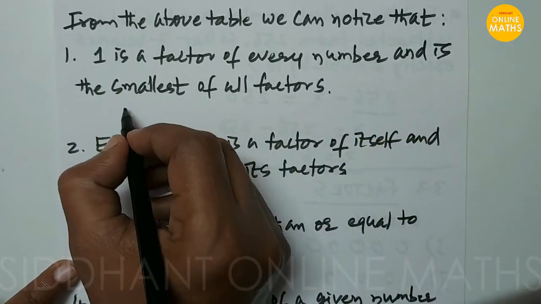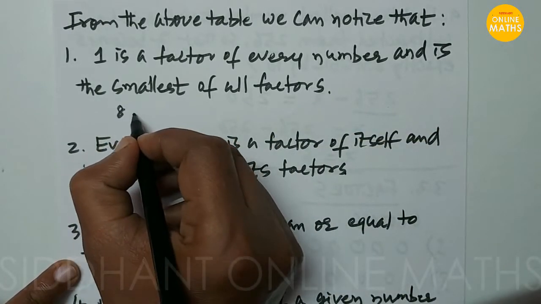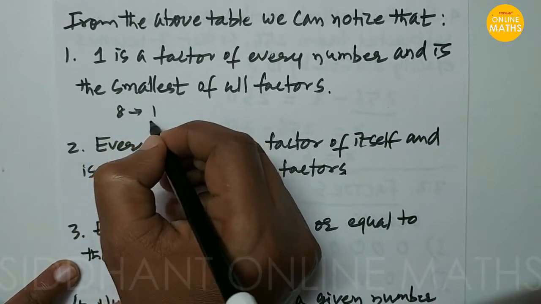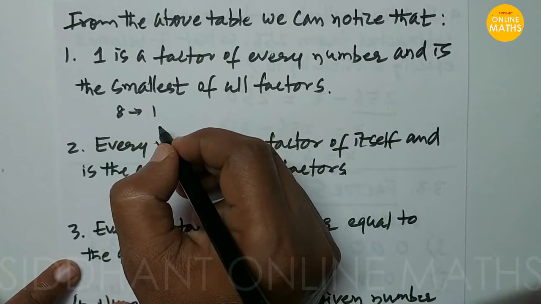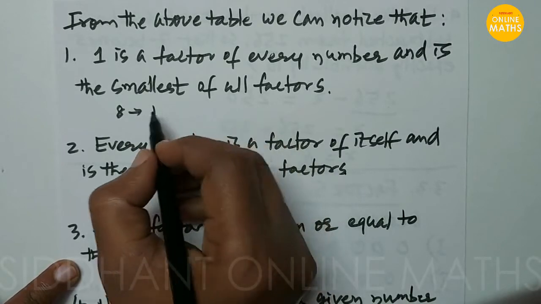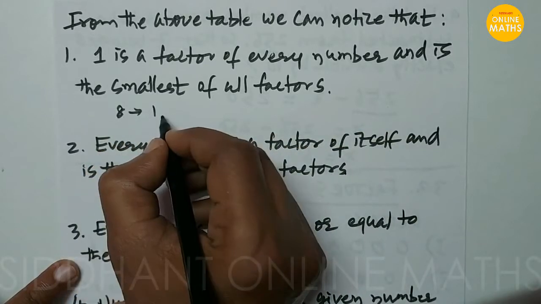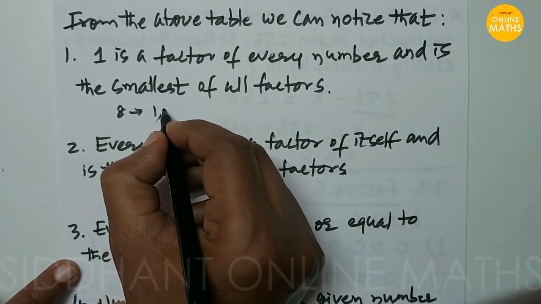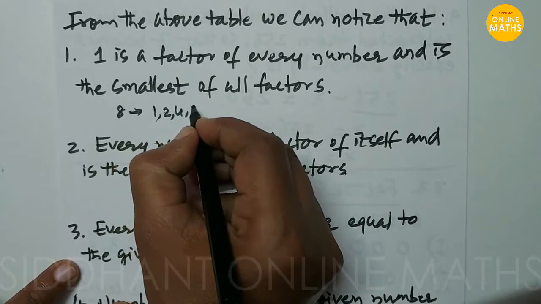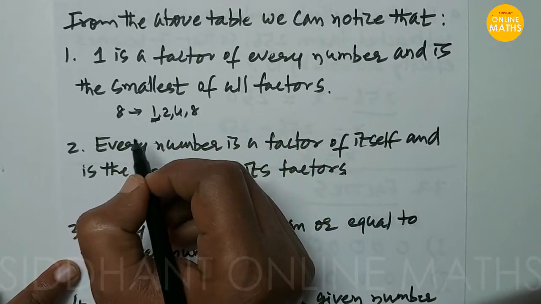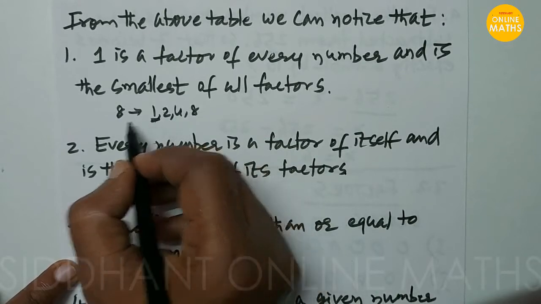Whatever number you take, like 8, it will have the factor 1. 8 has other factors like 1, 2, 4 and 8, but 1 is the smallest factor.